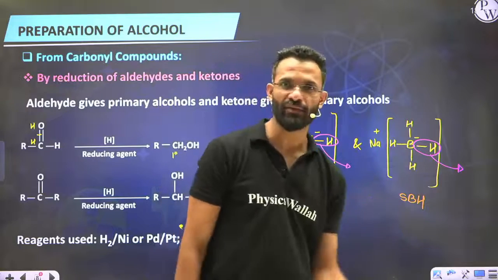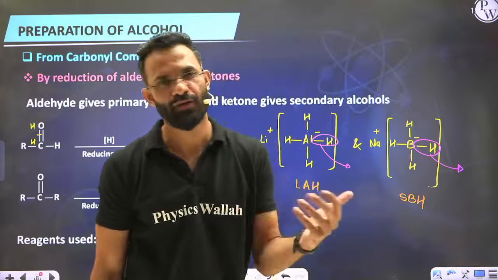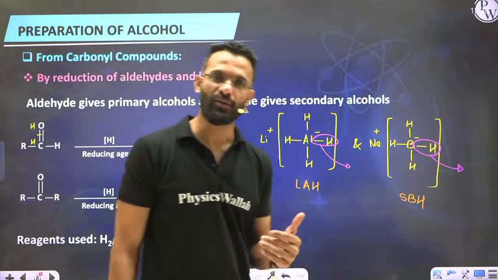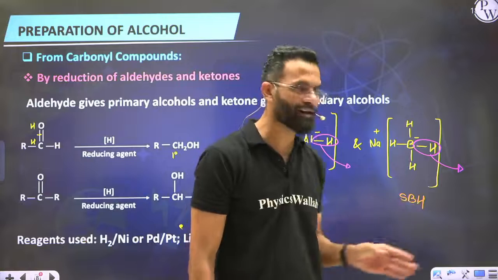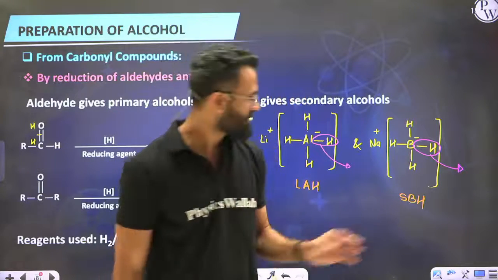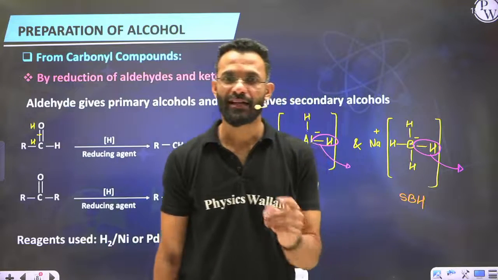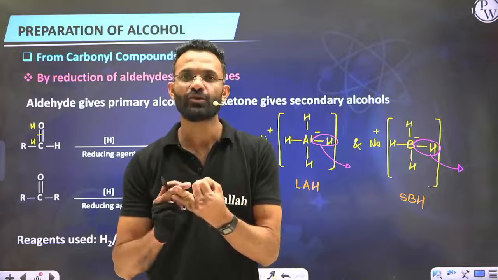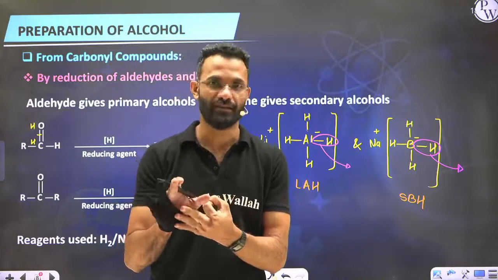Hence it is relatively a weak donor of hydride, so you can call it a selective reducing agent. When it comes to carbonyl compounds, listen to me carefully everyone. Sodium borohydride can selectively be used to reduce aldehydes, ketones and acid chlorides only.